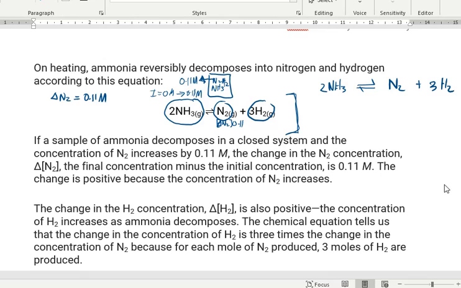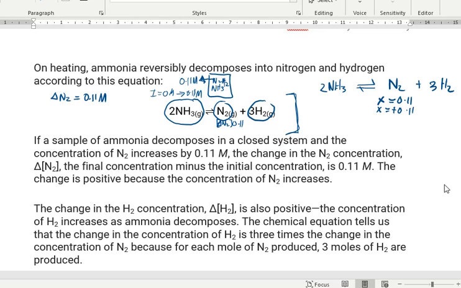If we take the change in concentration of N2 as x, which is equal to 0.11, this value will be positive. Why would this be positive? Because this is produced, right? You produced N2. So, this will be positive 0.11.